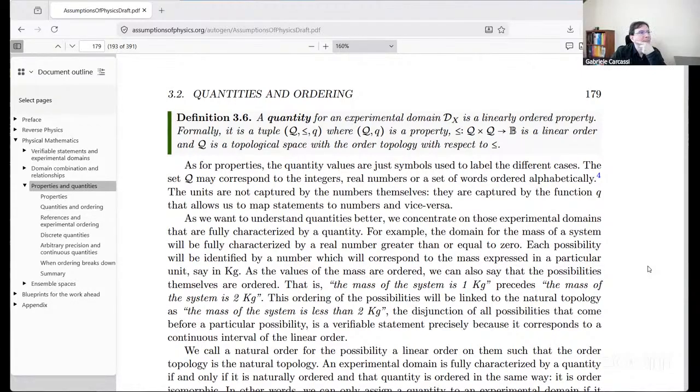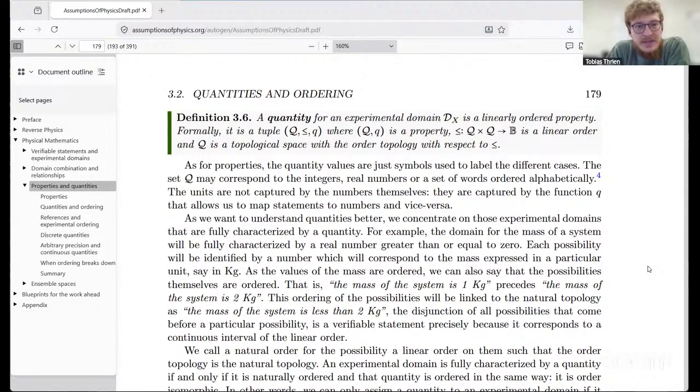And then without that, it's a set as usual. And then that's a linear order. Then it's a topological space with the order topology. And that is the topology in which this map Q has to be continuous, I guess. Good. Yeah, that makes a lot of sense.